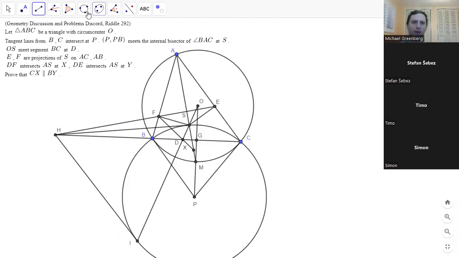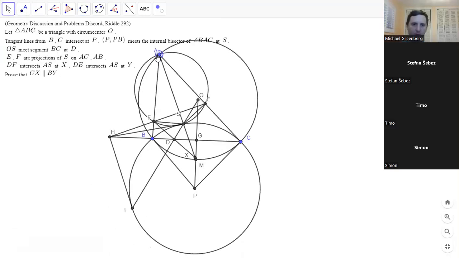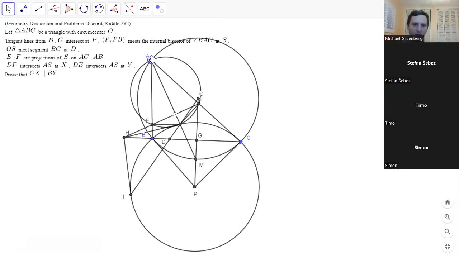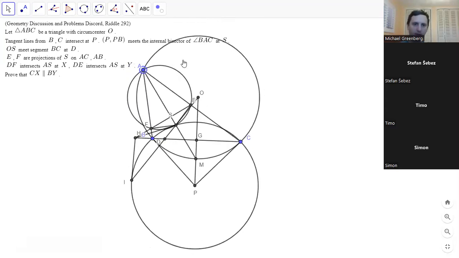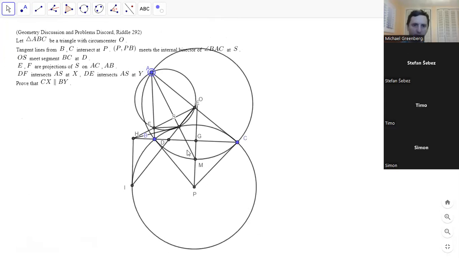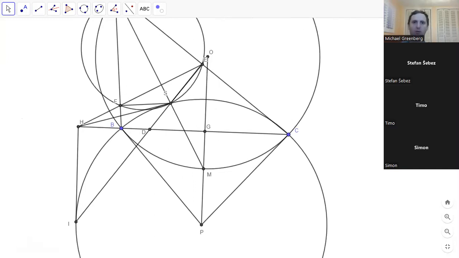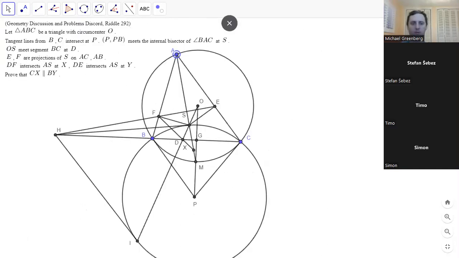So is HS tangent to this circle? I don't think it is. No, I don't think HS is tangent to that circle. It can't be tangent because the midpoint of the circumcircle of AFSE lies on AS and P does not.